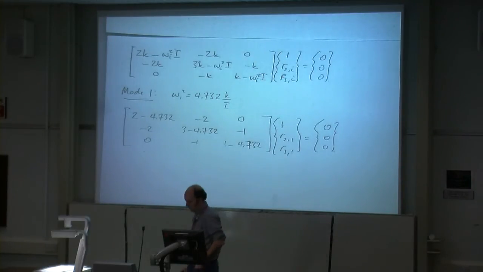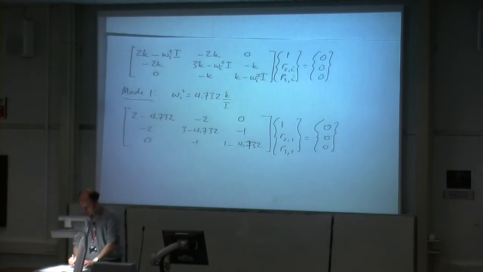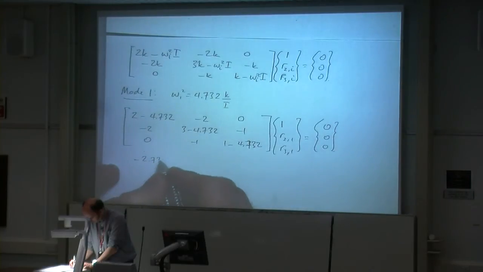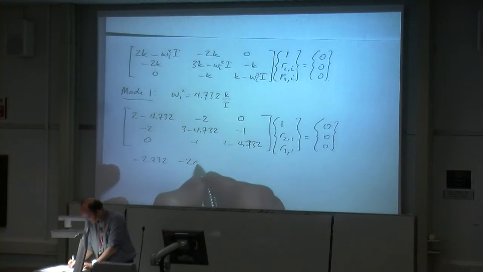So the first equation, I'll take the top line, we have minus 2.732, minus 2 R2,1.